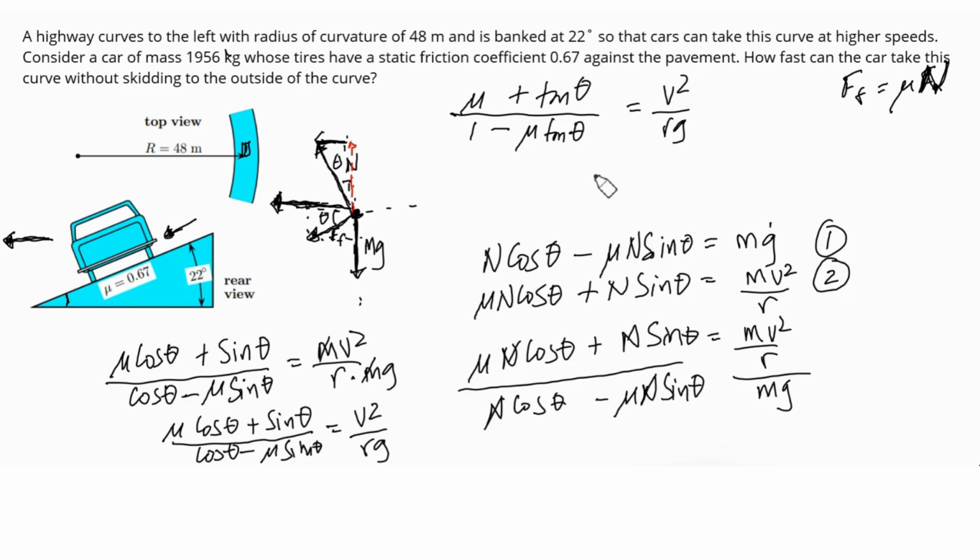So then v would equal the square root of rg times mu plus tangent theta, all divided by 1 minus mu tangent theta.